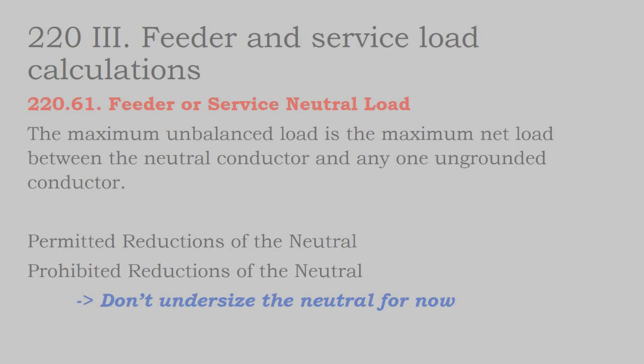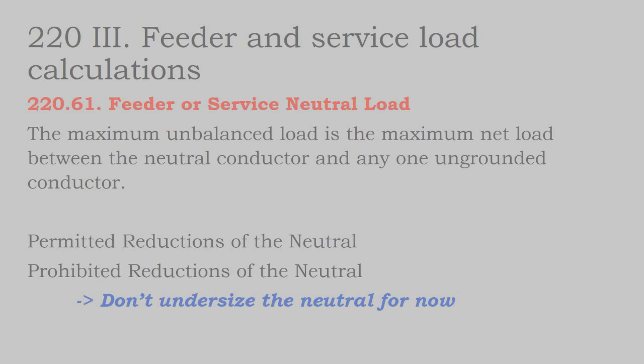the neutral needs to be the same size as the ungrounded conductors, your leg 1, sometimes leg 2, or leg 3 of power. And then beyond that, they say, well, under certain conditions, you can reduce the neutral, and under other conditions, you can't.